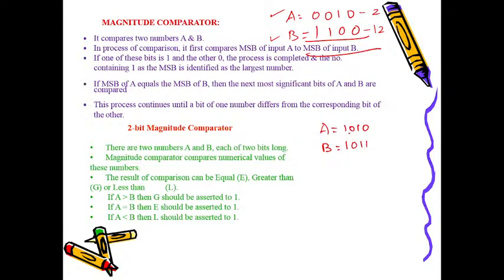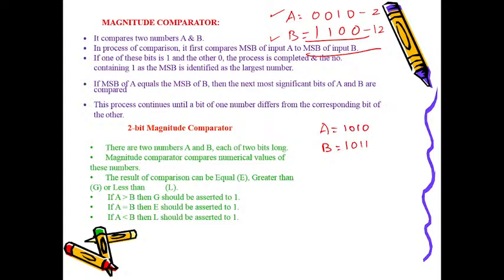But if I ask you to compare without converting into decimal value, how will you compare? First, you will see the MSB bit. This is 1. This is also 1. Next to your MSB bit, what is the next bit? 0. A is 0. B is 0. So both are the same. Okay, 2 bits are the same. Next, A is 1.